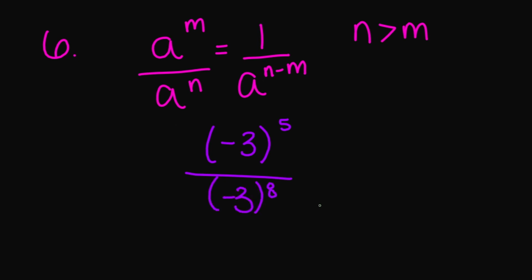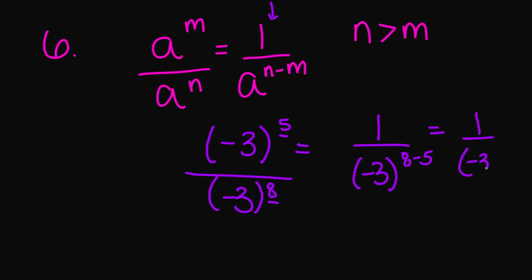Notice my power in the denominator is larger than the power in the numerator. So I'm going to rewrite just like this law right here. So this is going to become 1 over negative 3 to the 8 minus 5. This is going to be 1 over negative 3 to the 3rd power.